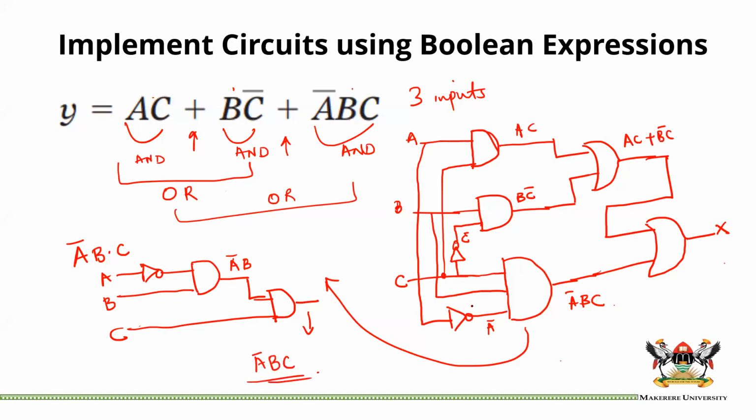So you can see that there are so many ways. Here I could have used the 3-input AND gate, but you can see I used two 2-input AND gates and so on and so forth.